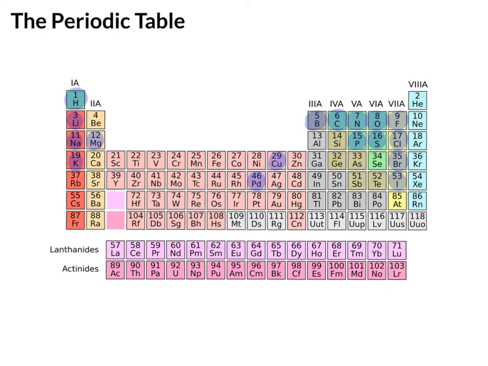So a few trends that you should have learned in general chemistry, but we'll go ahead and review. The first is electronegativity. This is a trend we're going to be using quite a bit. And the main thing to keep in mind is electronegativity increases diagonally toward fluorine.